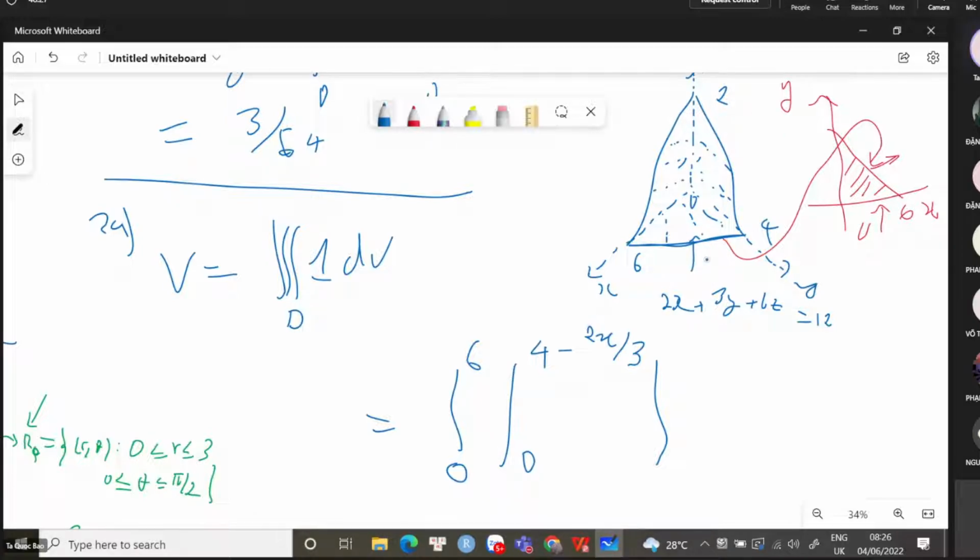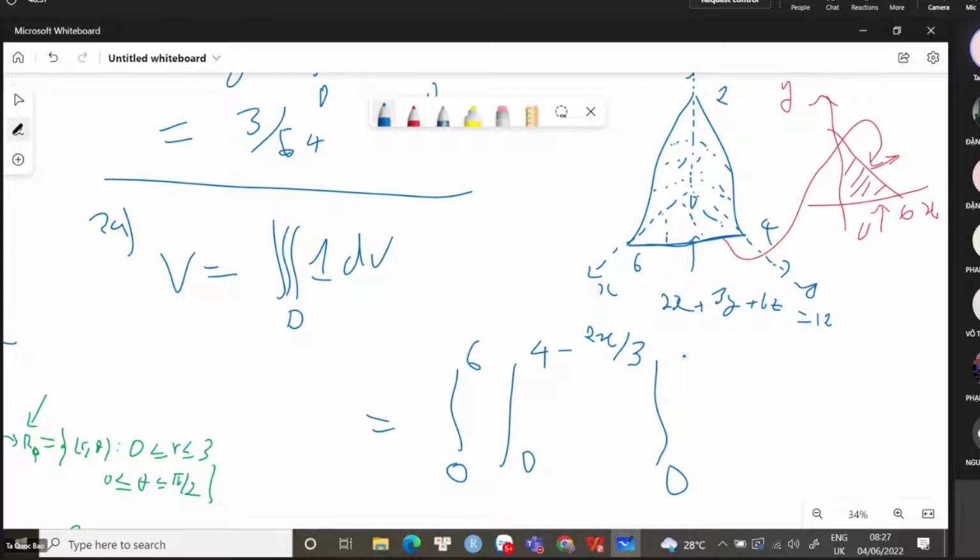For z, you access this solid from the plane OXY, and you get 0 first. And then every point you will meet this plane.